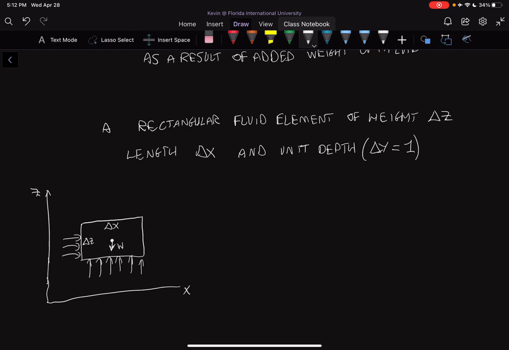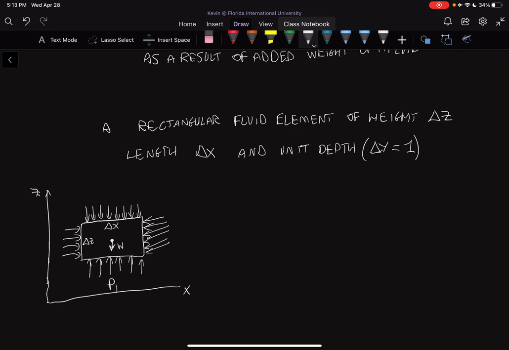So think of this box of fluid, or this element of fluid, inside like a water tank. Okay, and the pressure around that imaginary element is going to have pressure coming from all four sides, keeping it in equilibrium.